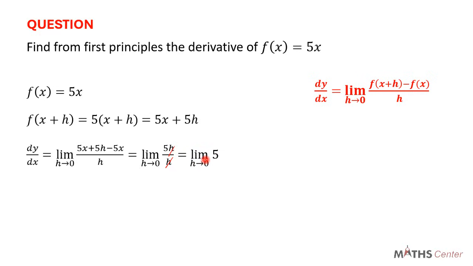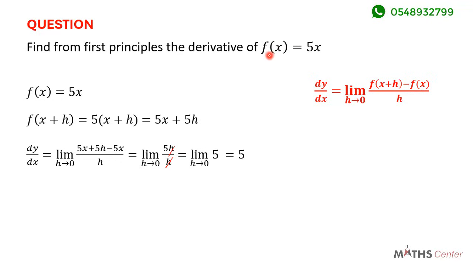In the lesson on limits, we learned that when you find the limit of a function as it approaches a certain value, and the function is a constant, the limit will always be the constant. So here the limit of 5 as h approaches 0 gives us 5. What it means is that the derivative of the function f of x equal to 5x is 5, or the gradient function is 5, or the differential coefficient is 5.